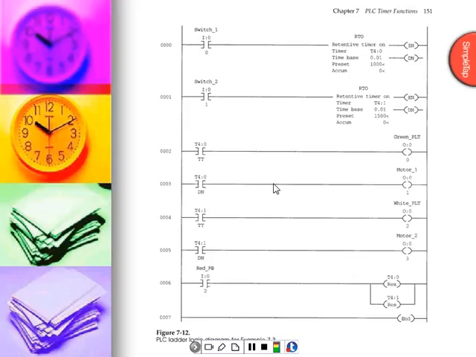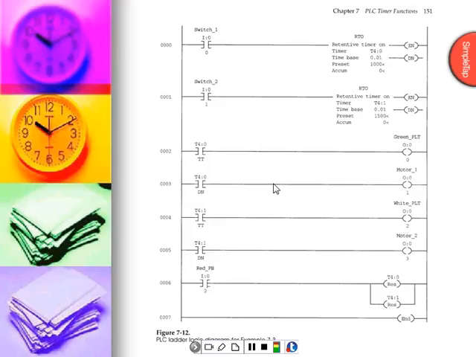I throw switch 1, what happens? T40 is going to activate, which does what? Turns on what? Green light.